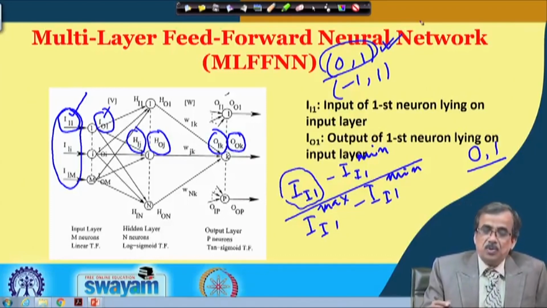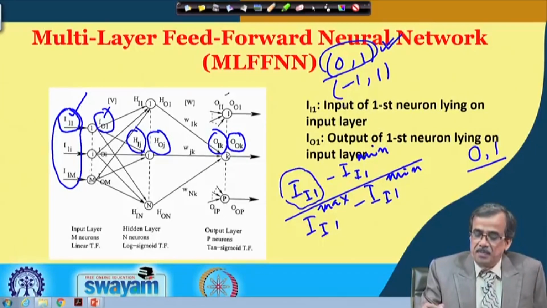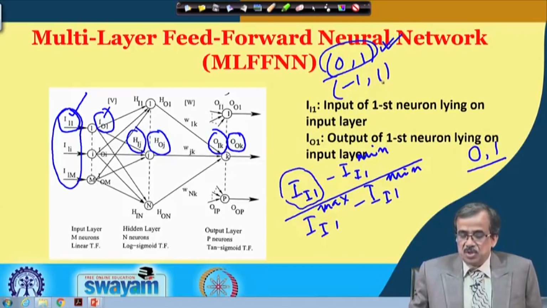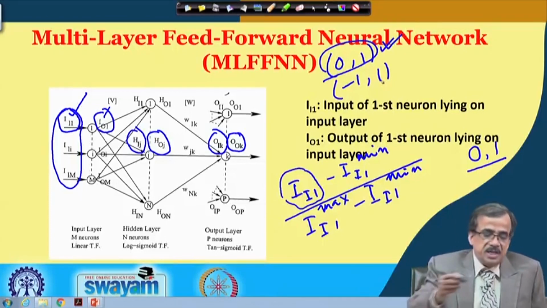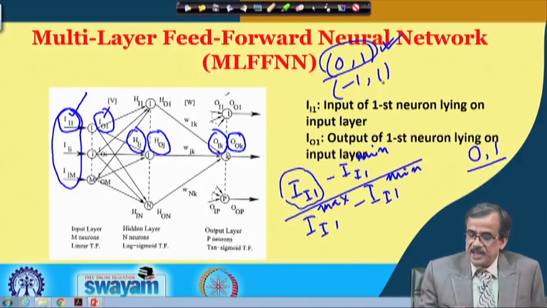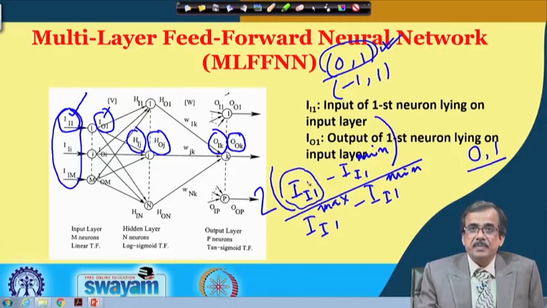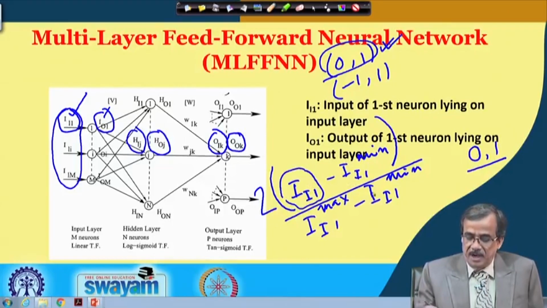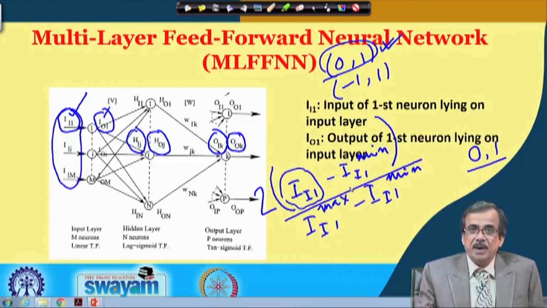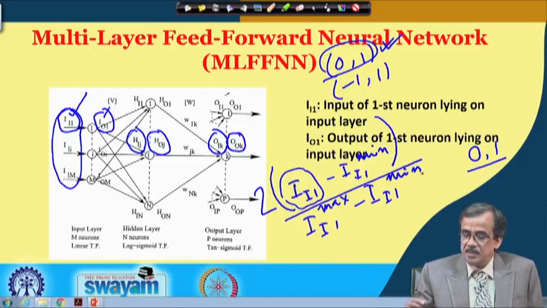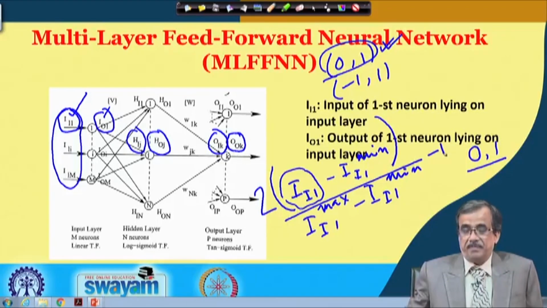Similarly, if I want to represent it in the scale of -1 to +1, I will have to use an expression which is 2 multiplied by I1 minus I1 minimum divided by I1 maximum minus I1 minimum, and then minus 1.